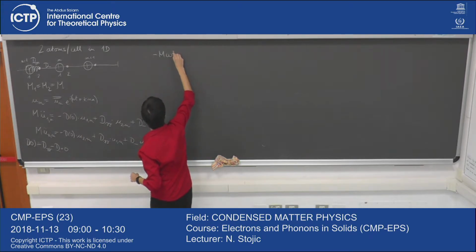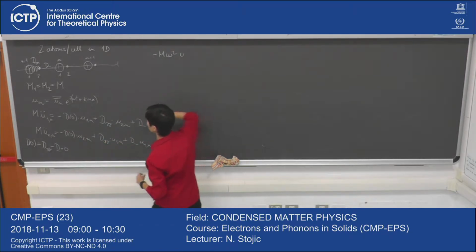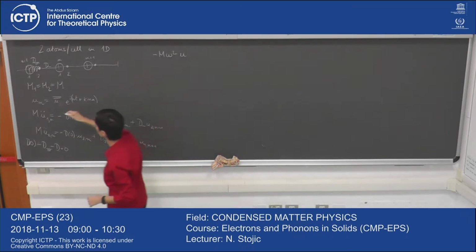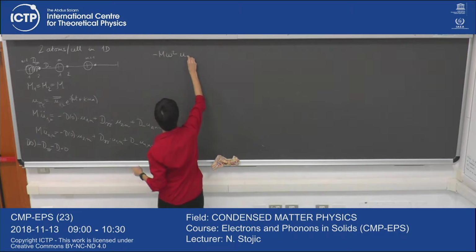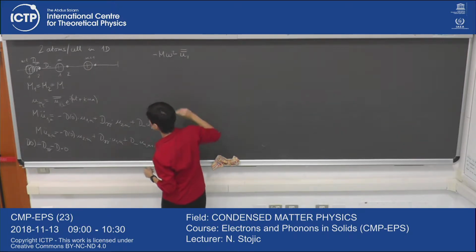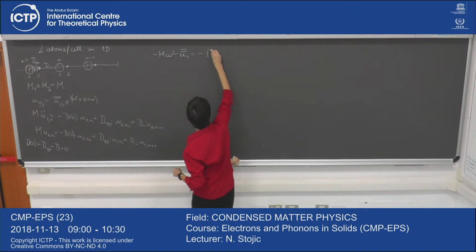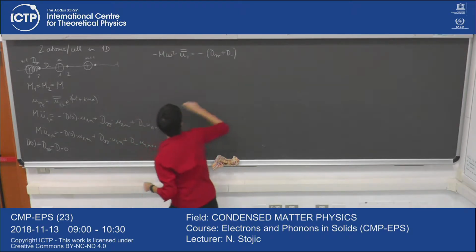M omega squared, the index here will be 1 or 2. M omega squared U1 is equal to minus D0, which is D strong plus D weak, times U1N.